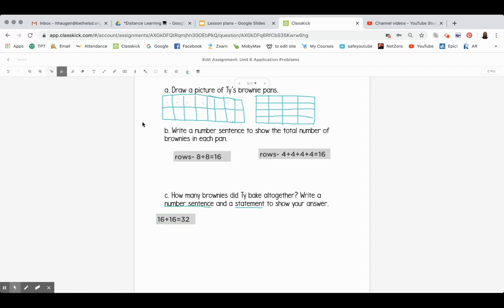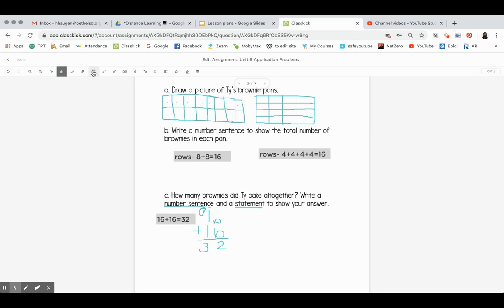Now, if that's not something you could do in your head, remember you can always write it vertically. And we know that 6 plus 6 equals 12, which is 1 ten, 2 ones, and in the tens place I have 1, 2, 3. That's how I got my answer of 32.